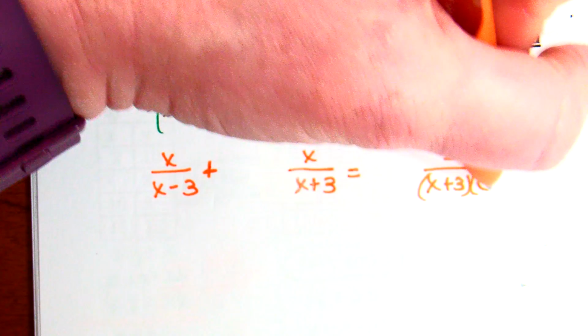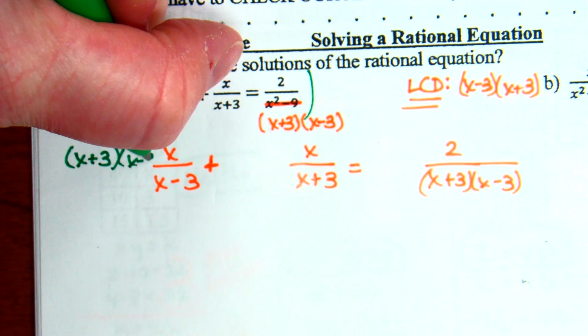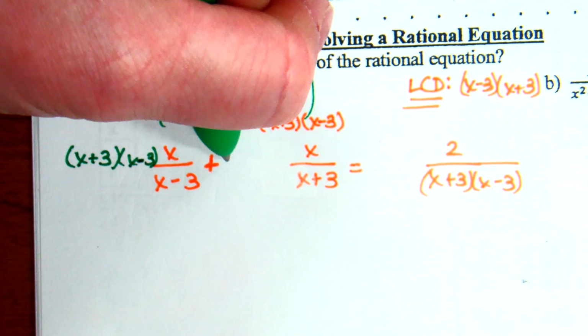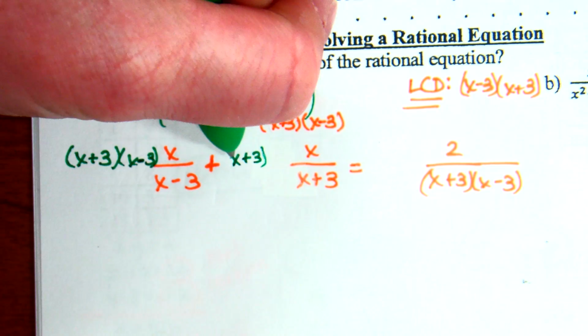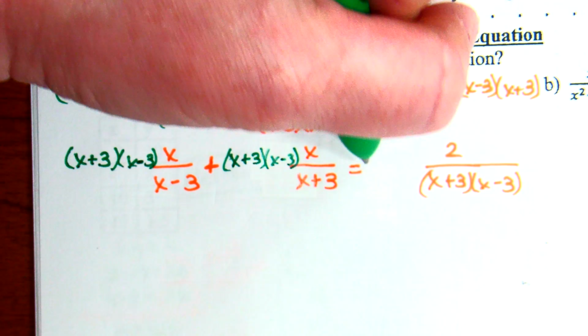So I'm multiplying the first fraction by x plus 3, x minus 3. I'm multiplying the second fraction by x plus 3, x minus 3. And on the far side of the equal sign, I'm multiplying this third fraction by x plus 3, x minus 3.